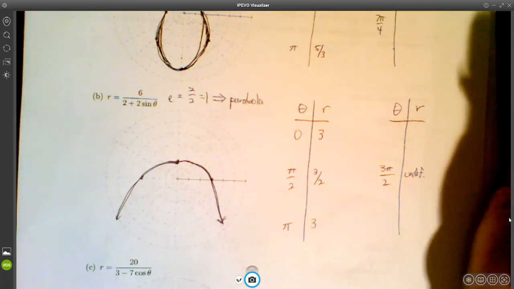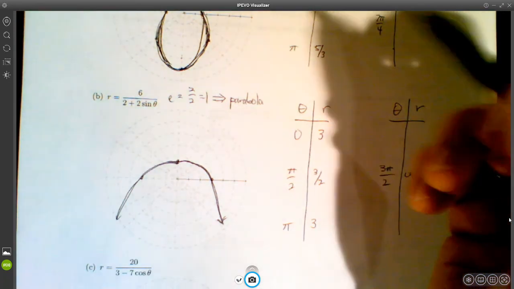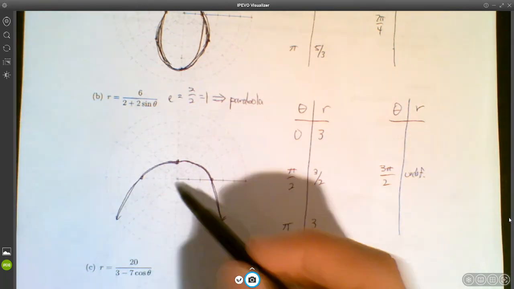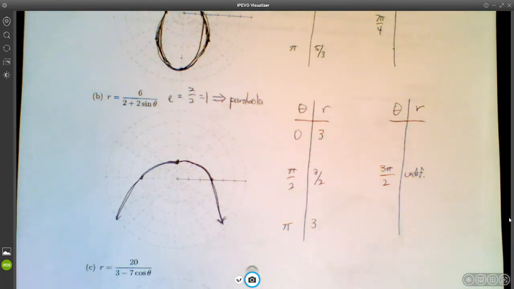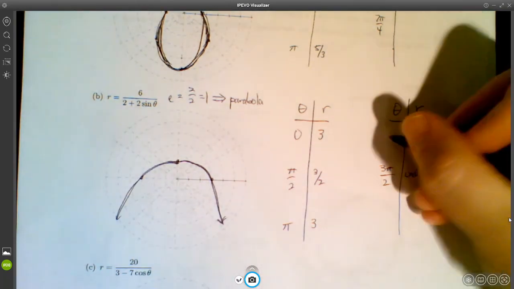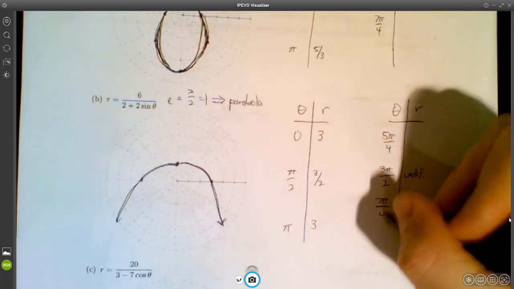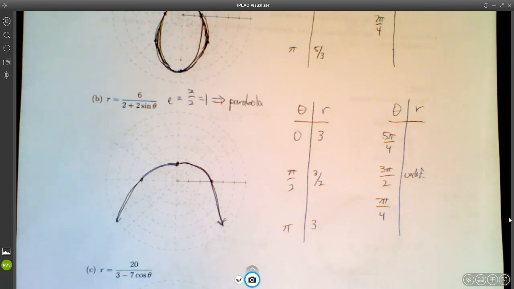We could verify this by plugging in a couple more points. Like, we might want to know what's happening at 5 pi over 4 and 7 pi over 4. Seems like those are always the ones I'm plugging in to fill in the blanks, right? If I plug in 5 pi over 4, that's about 10.2.